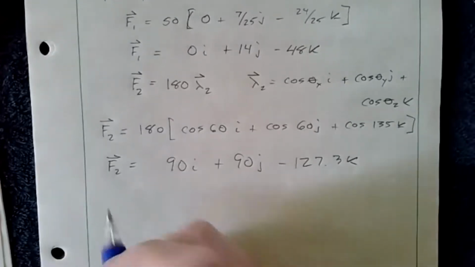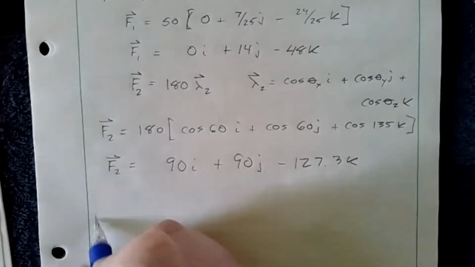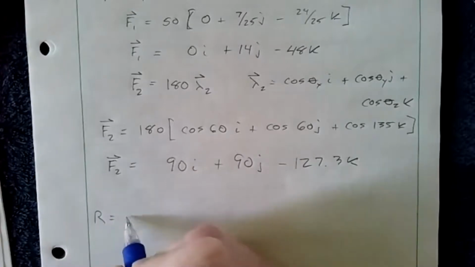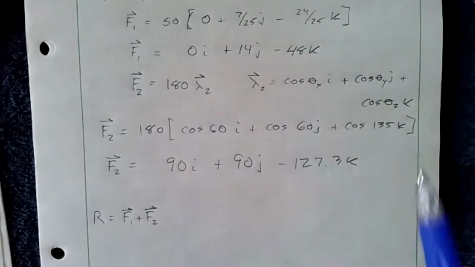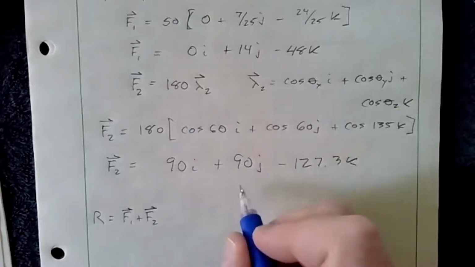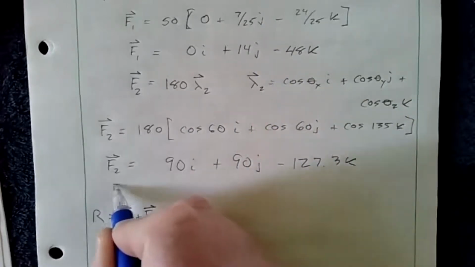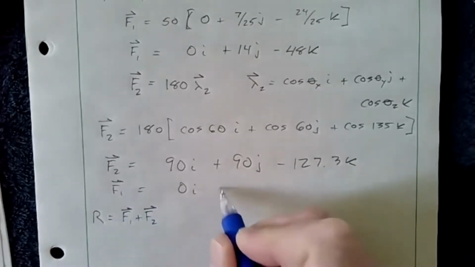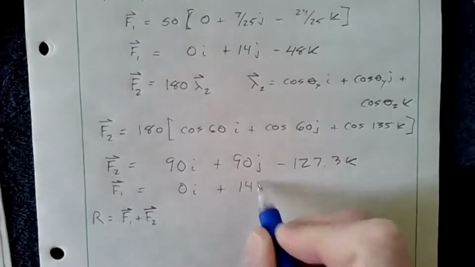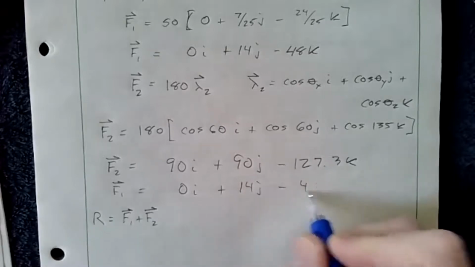Now we know that the resultant equals F1 plus F2. So if we bring in our other one, F1, we know that's 0i plus 14j minus 48k.